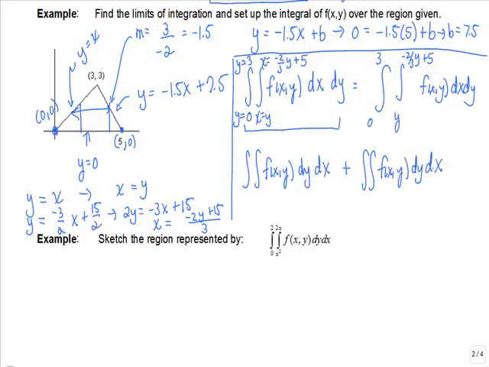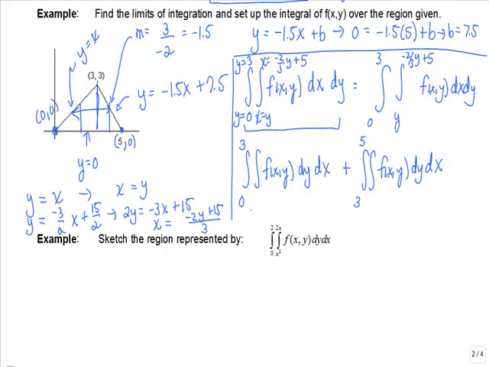Now again, the integrals will be x's on the outside, so those will be numbers. And so notice if I break this up into two pieces, the x's, which are on the outside, will go 0 up to 3 first, and then on the second piece they'll go 3 to 5.